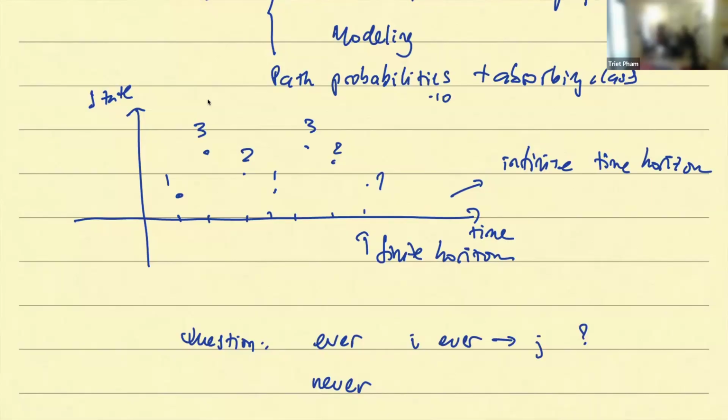This is a limiting question of the path probability. Because we can ask the probability of moving from 1 to 10 in, say, 9 steps. But the question is, will you ever go from i to j at some point? Or will you never go?